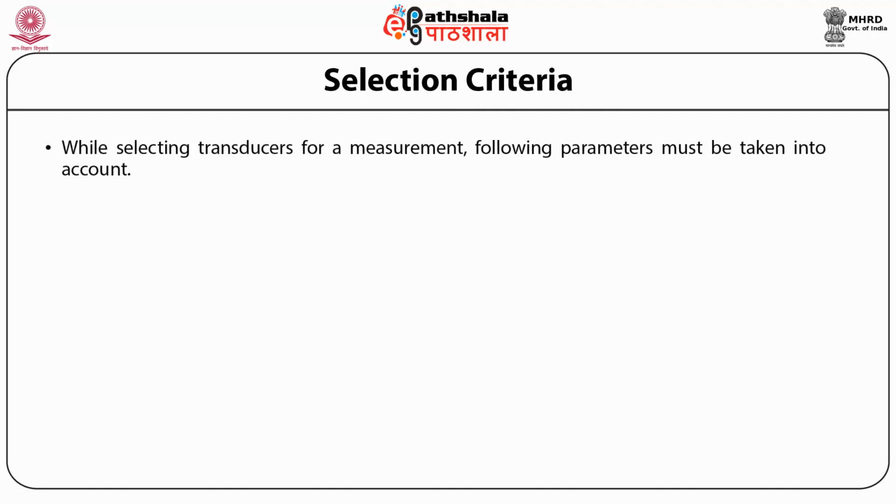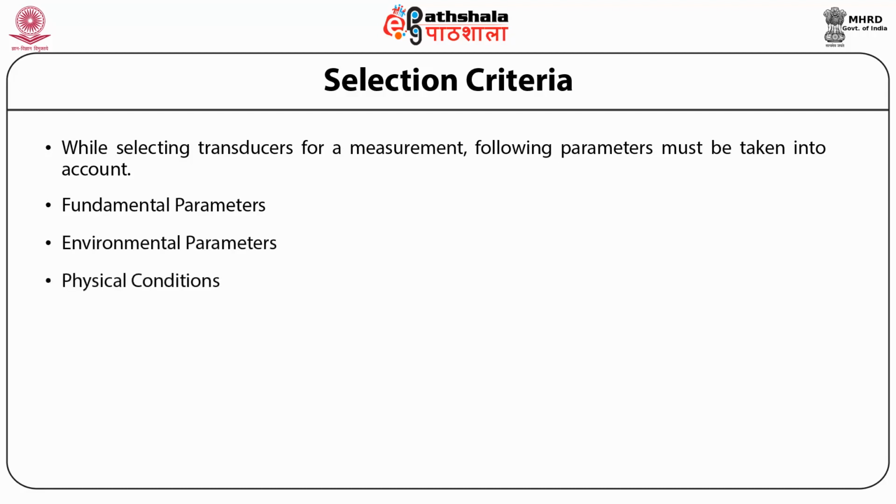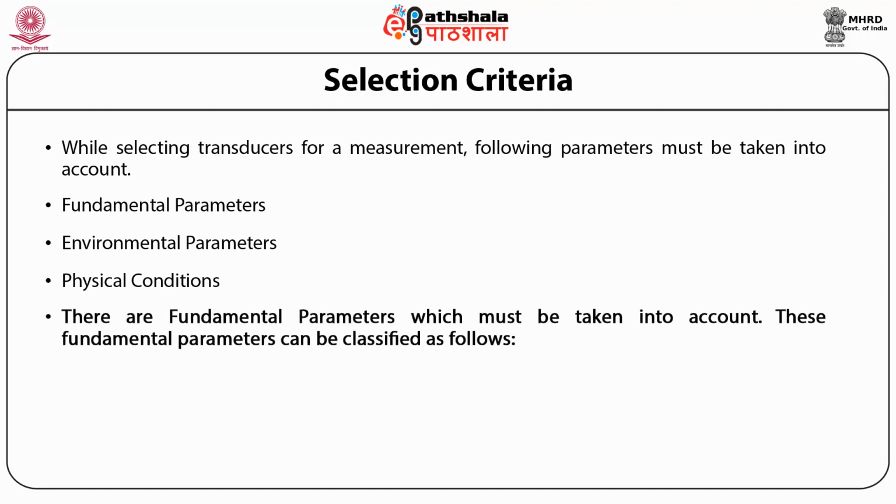While selecting transducers for a measurement, a few parameters must be taken into account, which can be classified as fundamental parameters, environmental parameters, or the physical conditions. First, let us see the fundamental parameters.